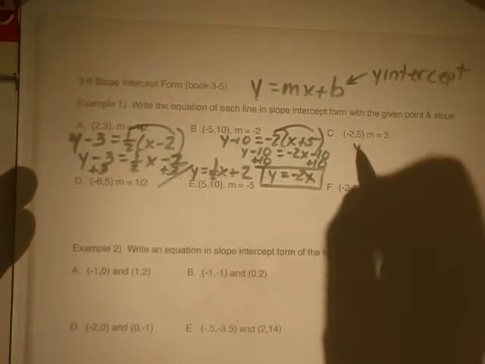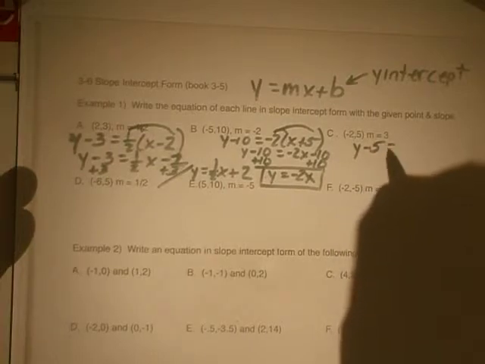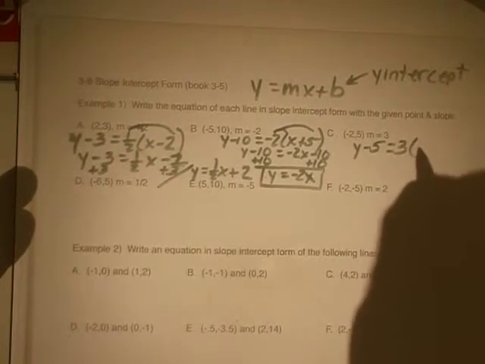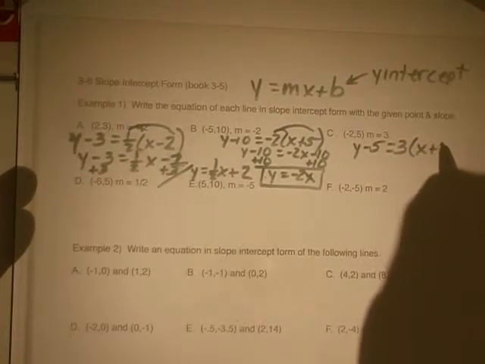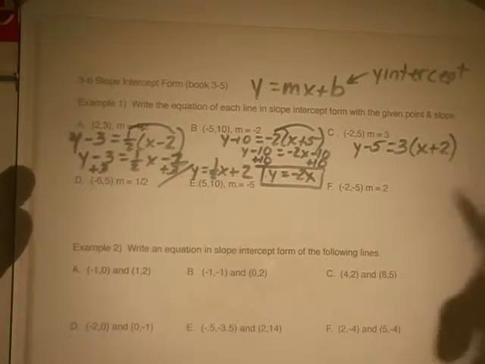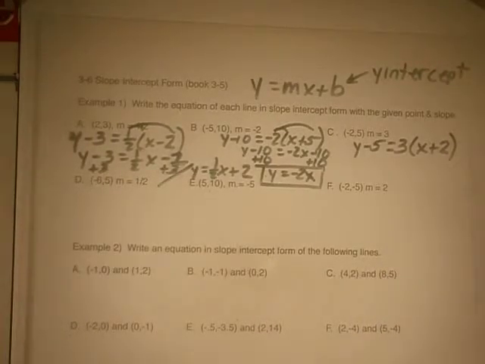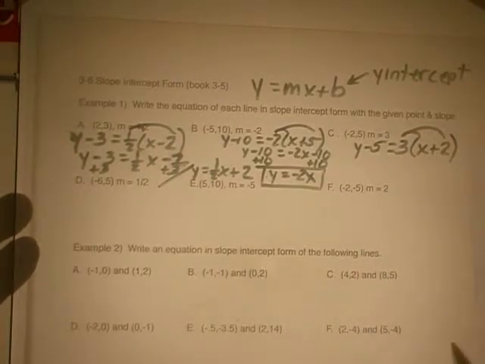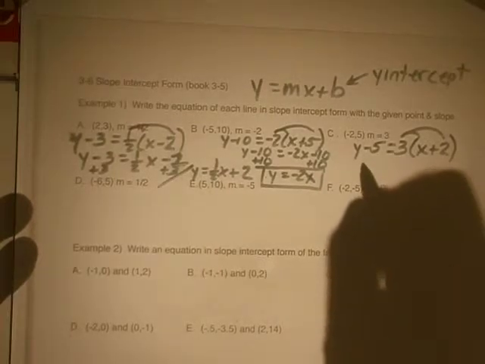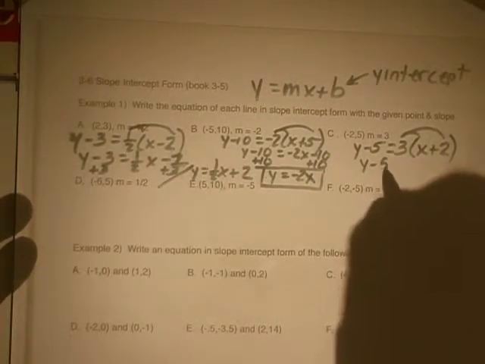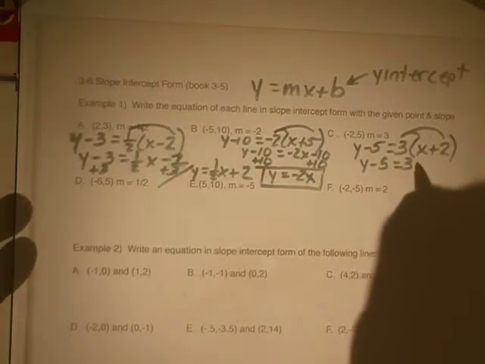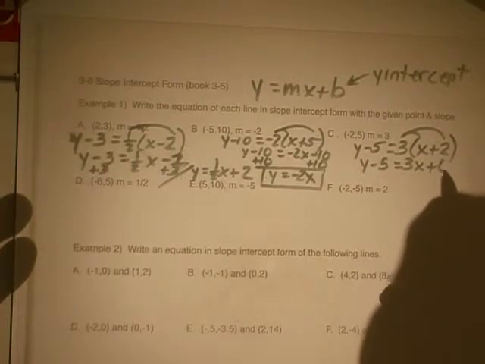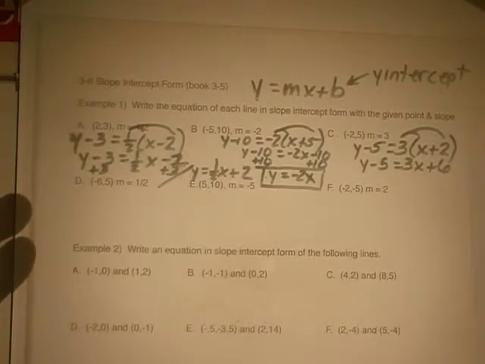Letter C, you will have y minus 5 equals 3 times x plus 2. From there we distribute the 3 and you have y minus 5 equals 3x plus 6.